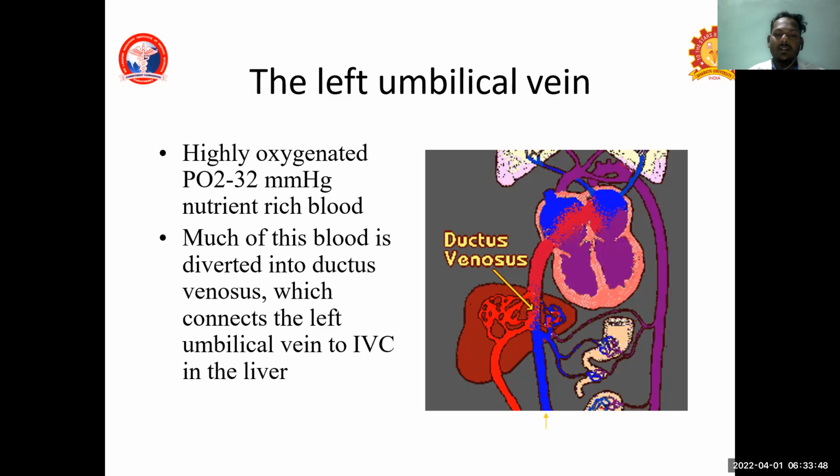Much of this blood is diverted into the ductus venosus, which connects the left umbilical vein to the IVC in the liver. So, the main left umbilical vein is shunted to the IVC via the ductus venosus. This occurs in the liver.